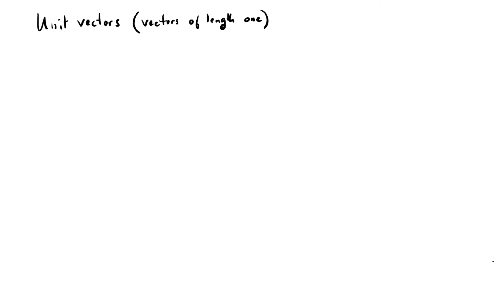So, for example, in 2 space, vectors of length 1 are all the vectors that end up on the unit circle, because the unit circle is the circle of radius 1, and a circle, of course, centered at the origin.